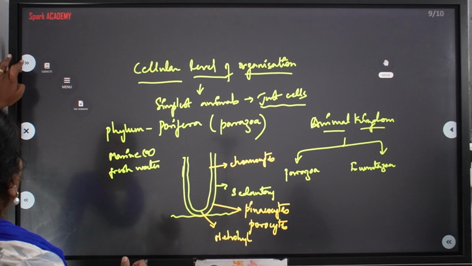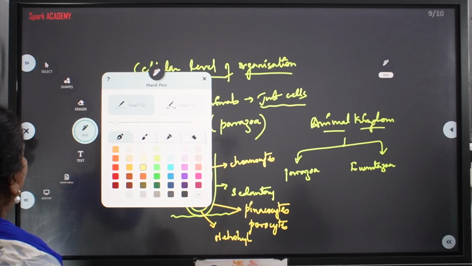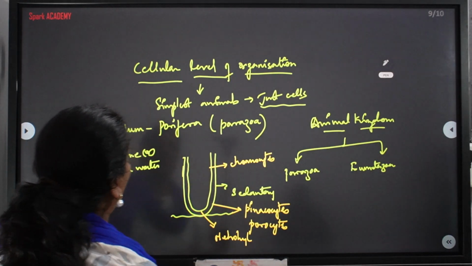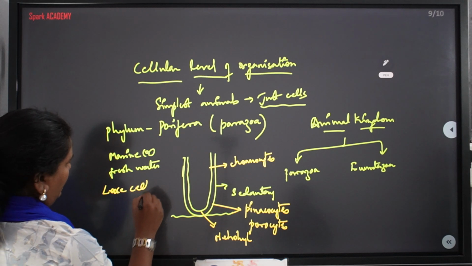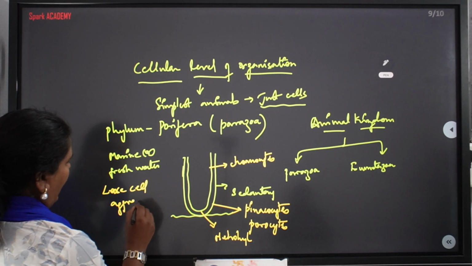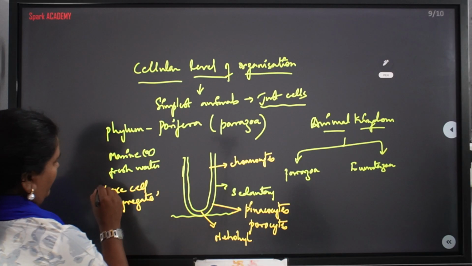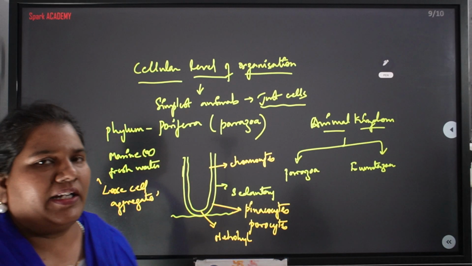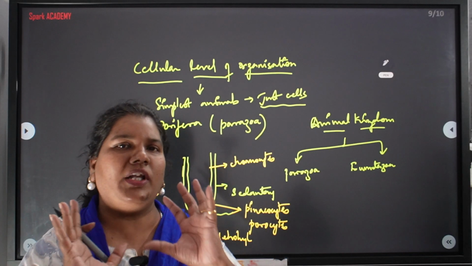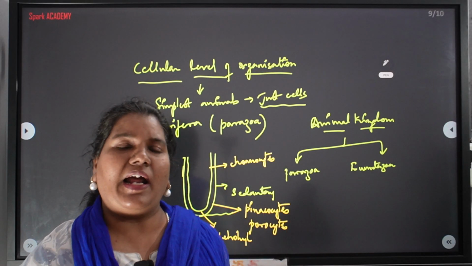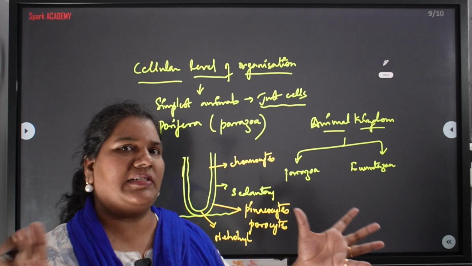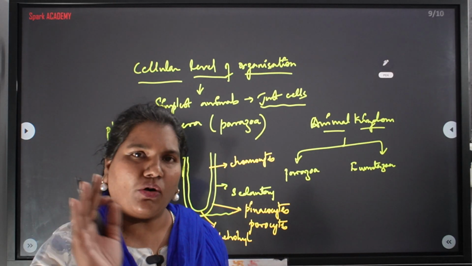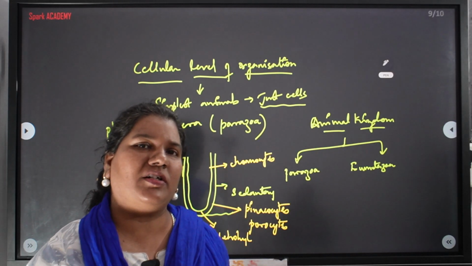Because there are no tissues and only cells, scientists gave them the name loose cell aggregate. What do we call them? Loose cell aggregate. Loose cell aggregate means tissues are not formed, but they have loose cells. It also doesn't mean that the cells are just spread loosely. It also means they have no nervous system.